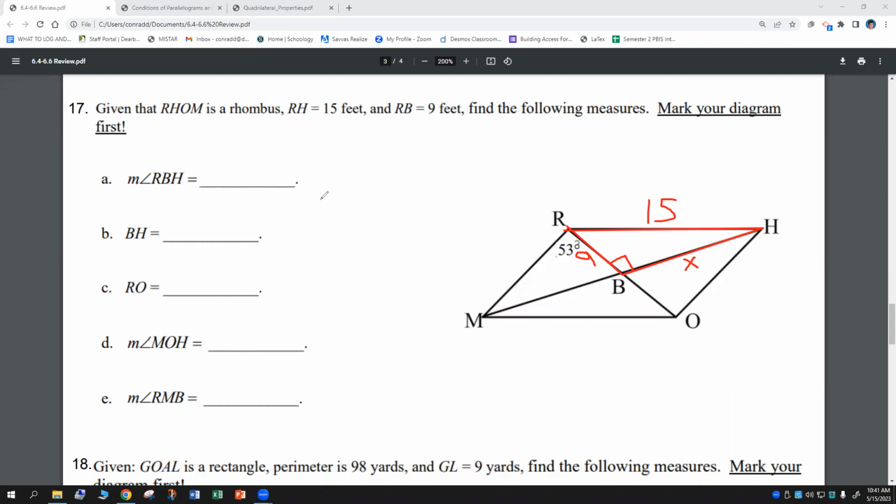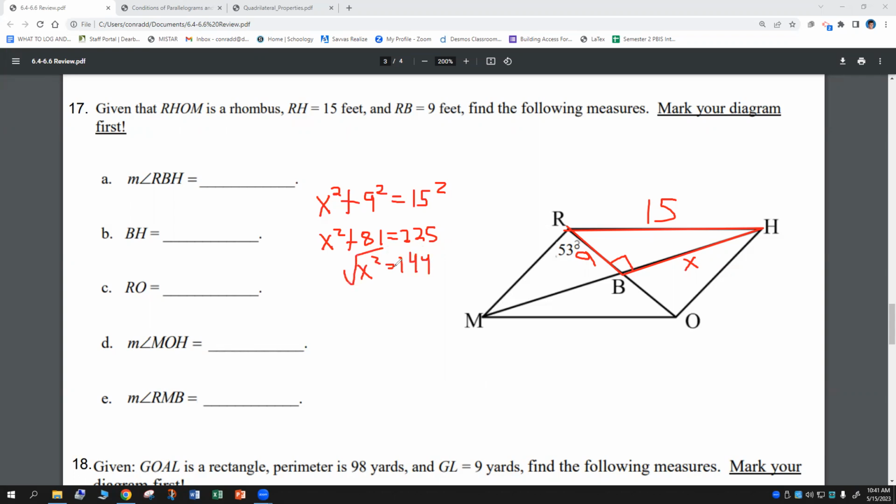We're going to do A squared plus B squared equals C squared. The C here is 15 because 15 is across from the right angle. So X squared plus 9 squared, or 9 squared plus X squared, equals 15 squared. So we get X squared plus 81 equals 225. We subtract 81 from both sides, we get 144.